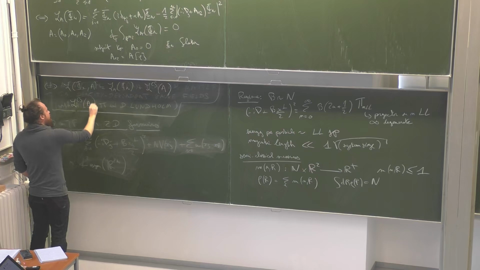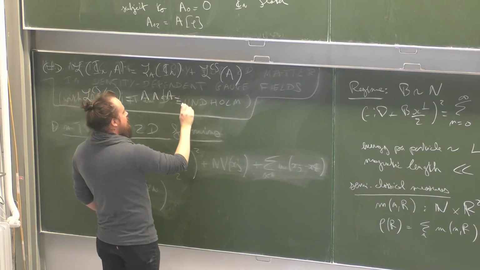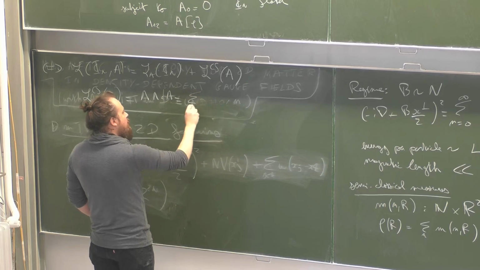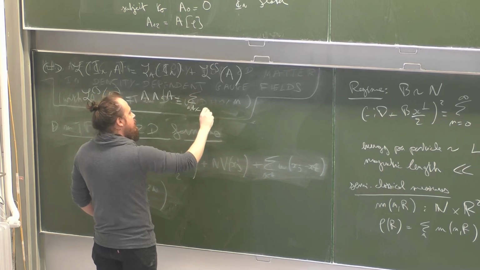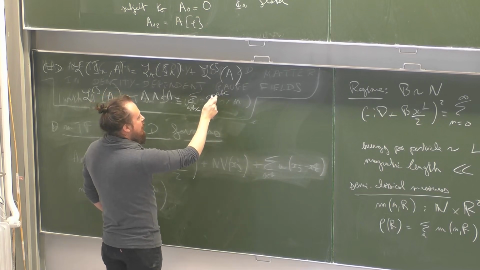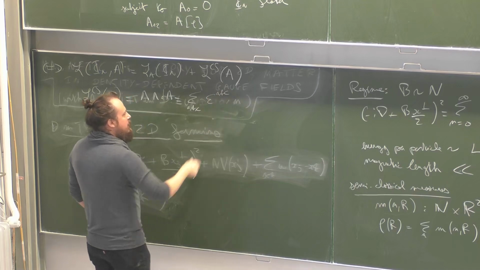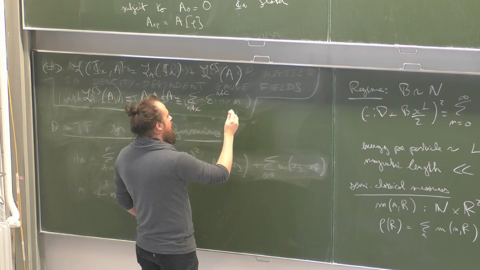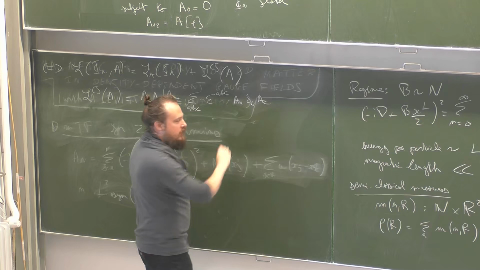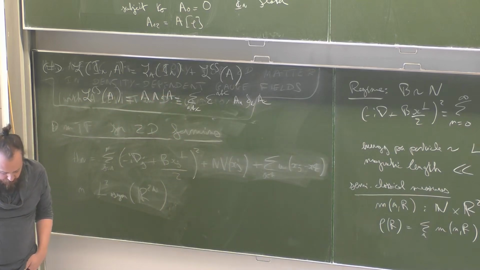Don't ask me for details. It's A wedge dA. That's ugly, I should have erased it the proper way. It's a sum over all three indices of the anti-symmetric symbol, which is always 1 or minus 1; you fix one to be 1, and then when you permute the indices you pick up the signs. A_a d_b A_c, or something looking like that. Anyway, if you're familiar with Chern-Simons, that's supposed to be Chern-Simons.